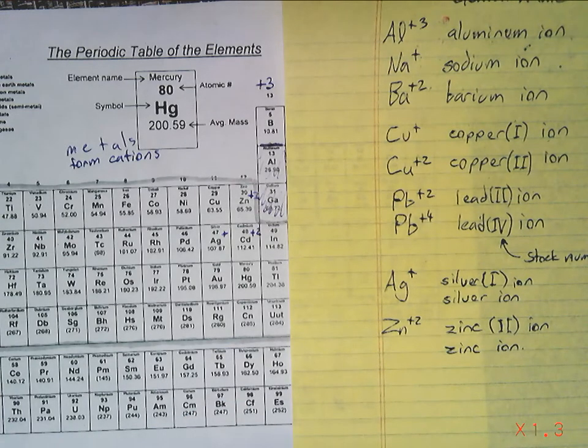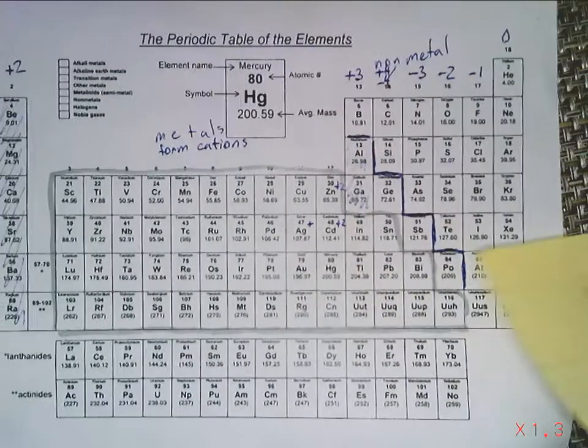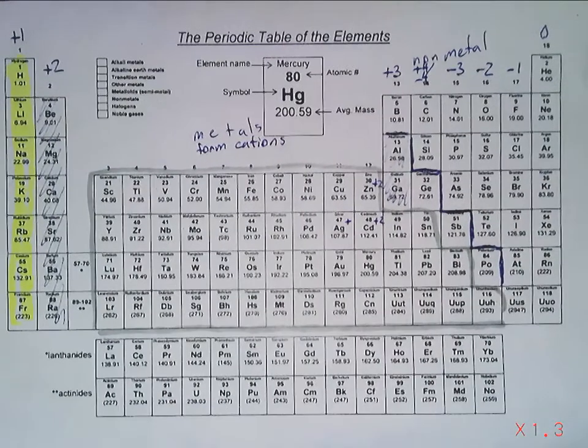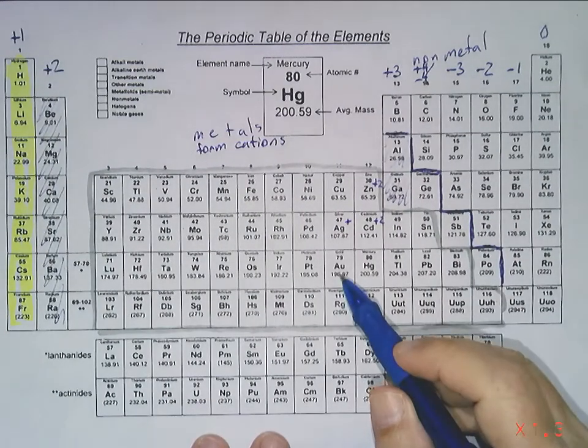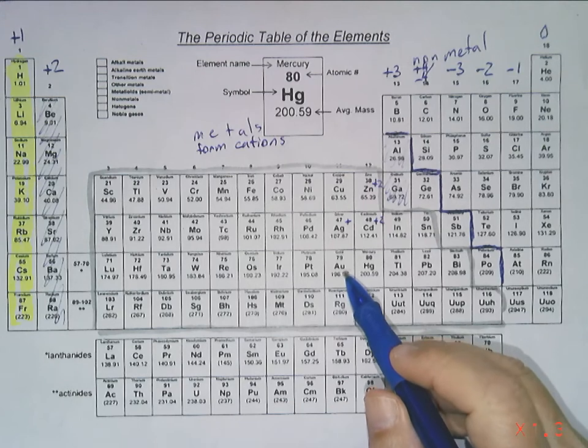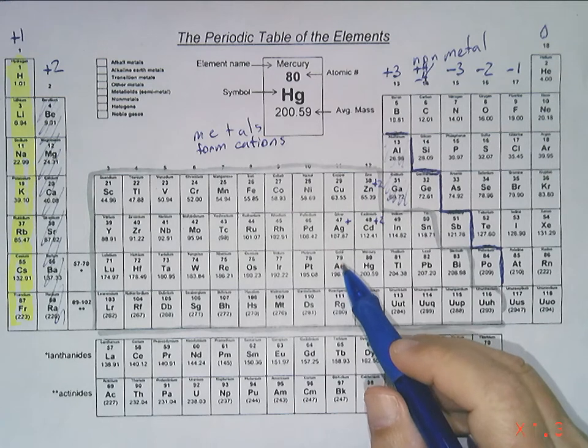Now you should be able to name any metal ion. If I have Au+, what would you call that? If I look real close, if I could read that, that says gold. So Au+ would be a gold 1 ion.